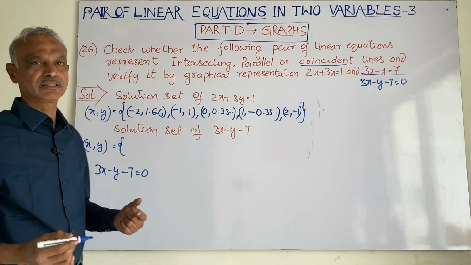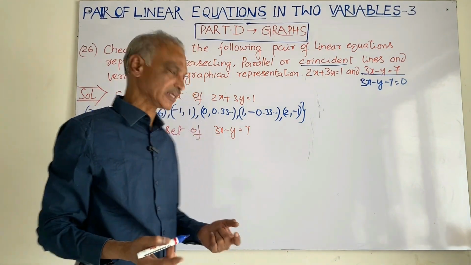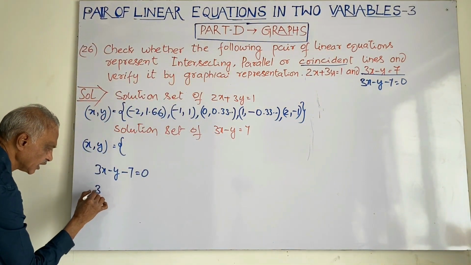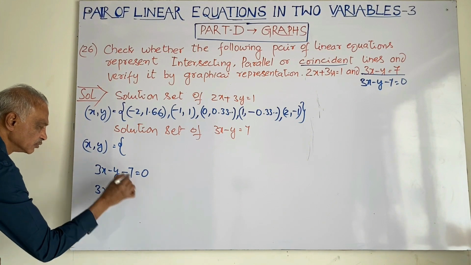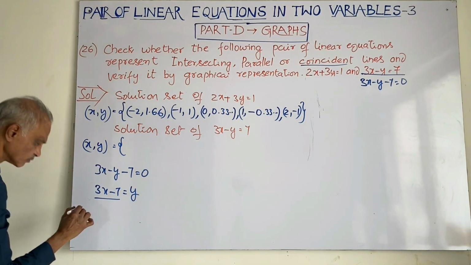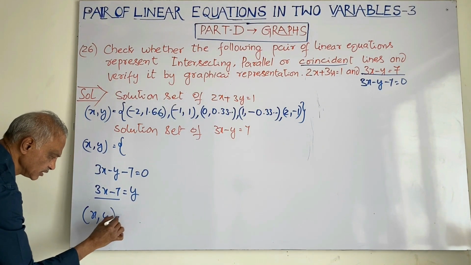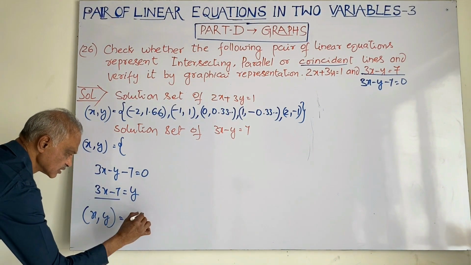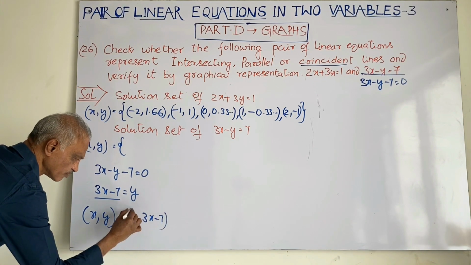I have to write y in terms of x. 3x minus 7 is equal to y. Y is equal to 3x minus 7. So (x, y) means (x, 3x minus 7).